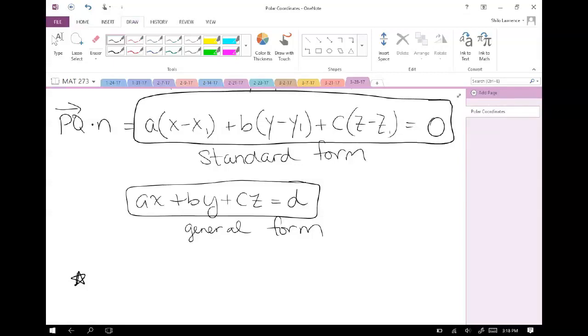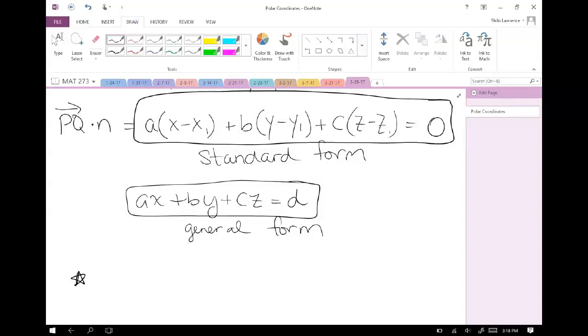If you're ever asked to compare two planes, all you have to do is compare their normal vectors. Just see if the normal vectors are parallel, if the normal vectors are perpendicular, or what the angle between the normal vectors is. Because whatever's going on between those planes, the exact same thing is happening between the normal vectors.